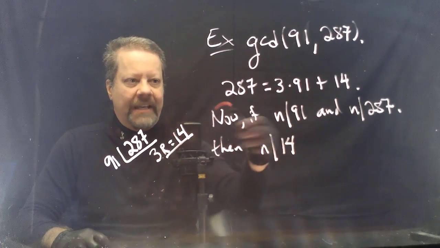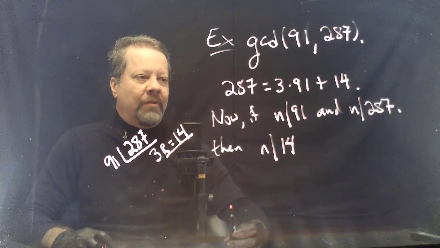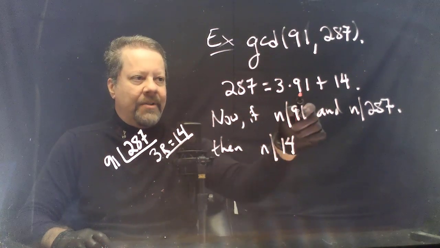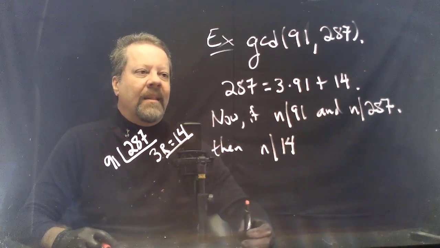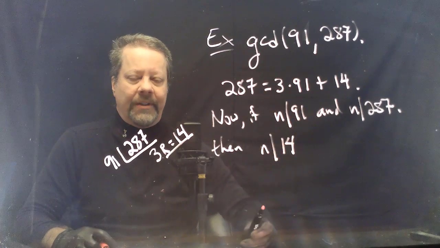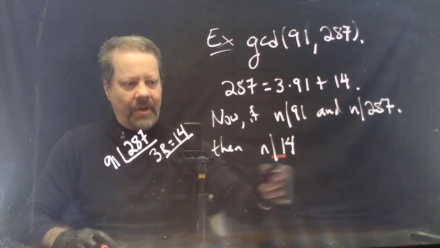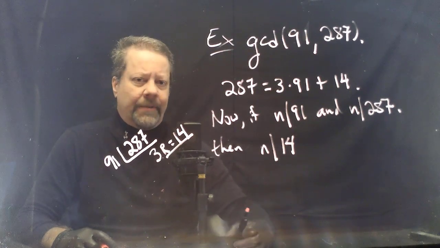It goes evenly into 287 on this side, divides it as an integer times n, whatever it is. We know n goes into 91, so it goes evenly into 3 times 91. And since it goes evenly into this and evenly into this, it has to evenly go into 14. So that common divisor has to be less than or equal to 14.